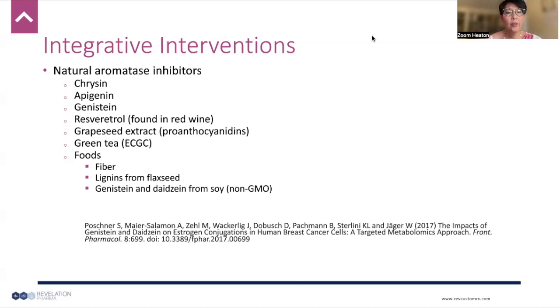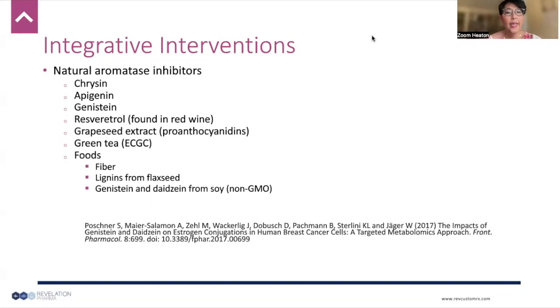We also have resveratrol, which is found in red wine, usually like the French Cabernet and the California Pinot Noir. Grapeseed extract contains biologically active compounds known as proanthocyanidins, and research suggests that these compounds are a powerful inhibitor of aromatase activity, which can help with endometriosis symptoms like pain.